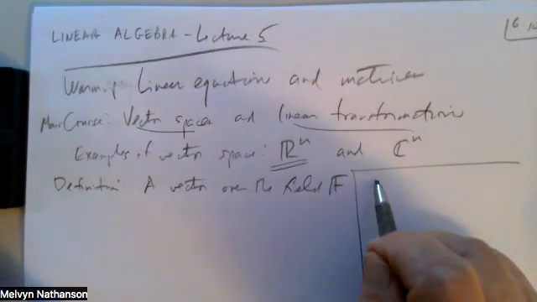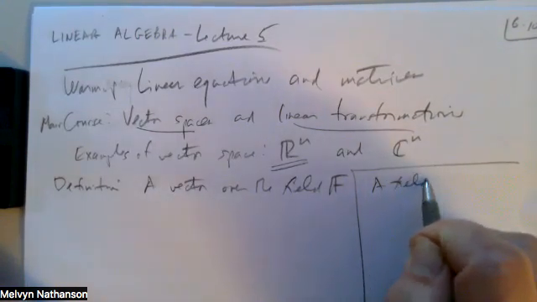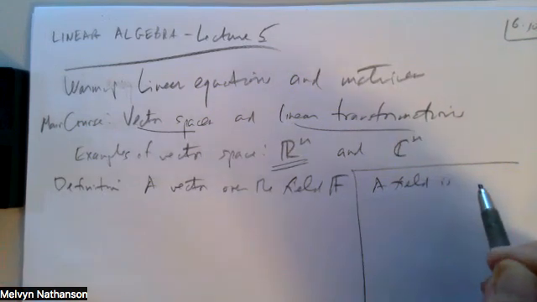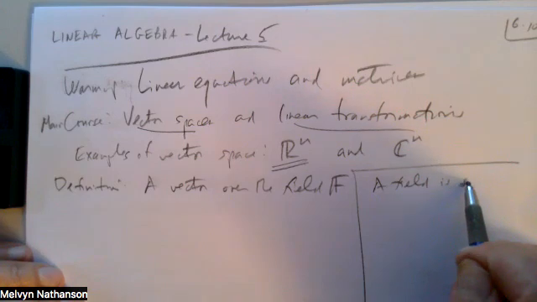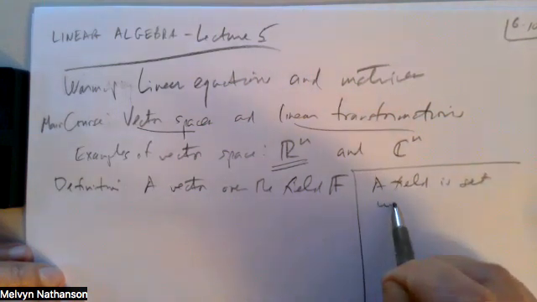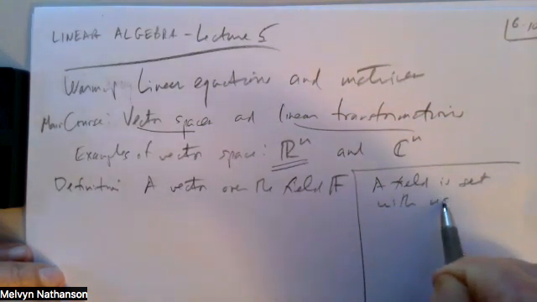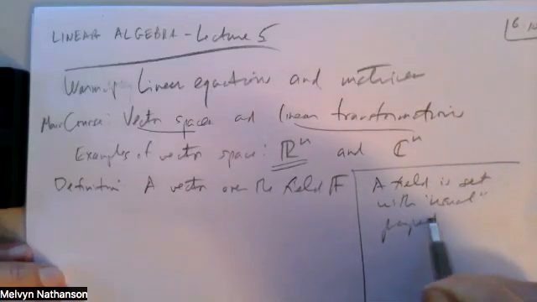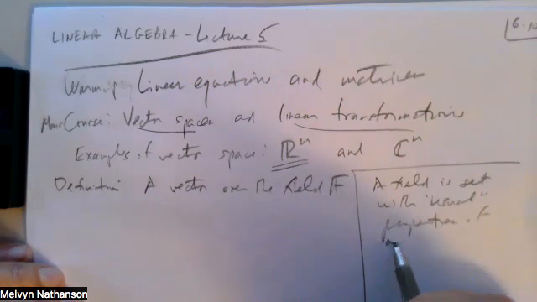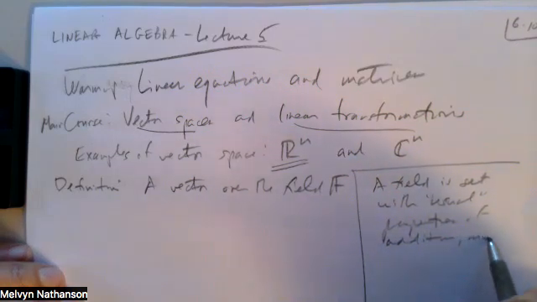What is a field? So a field is a set of scalars, set of numbers, with the usual properties of addition, multiplication.